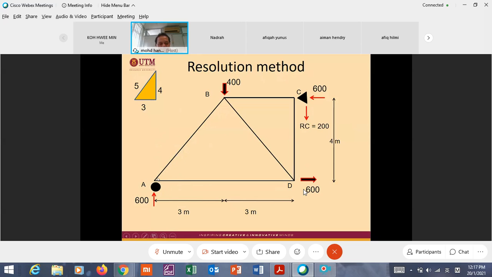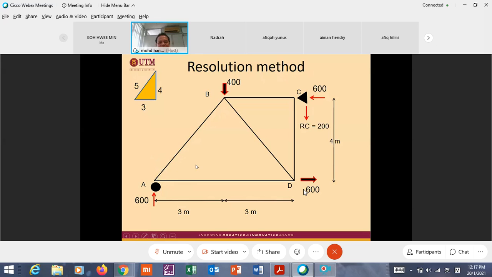Look at C. One is vertical, one is horizontal and another one is vertical. Therefore, it is the most easiest one to start.